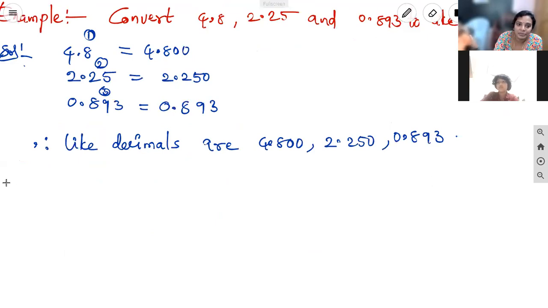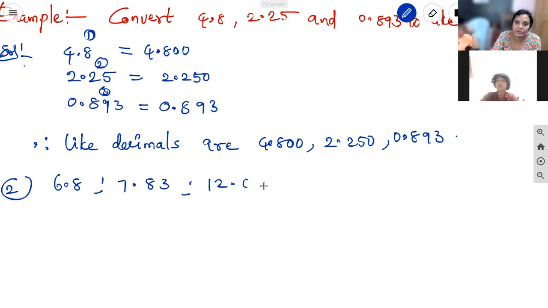One more example I am saying here. Take 6.8, 7.83, 12.040. Here, just concentrate. After the decimal point, how many digits are there? The maximum is 3, so we convert into like decimals.